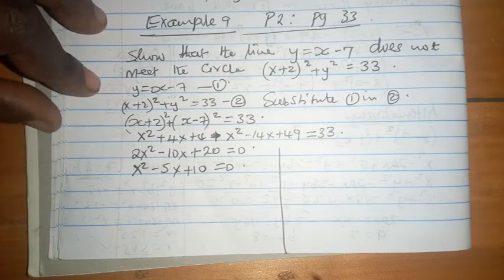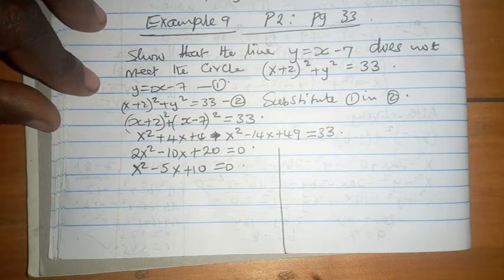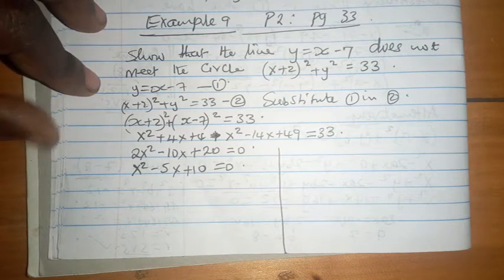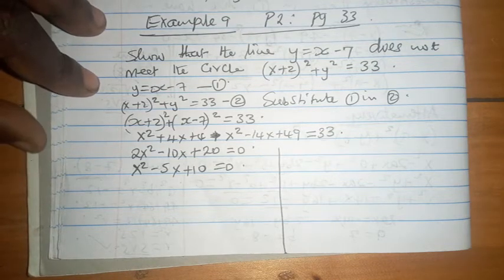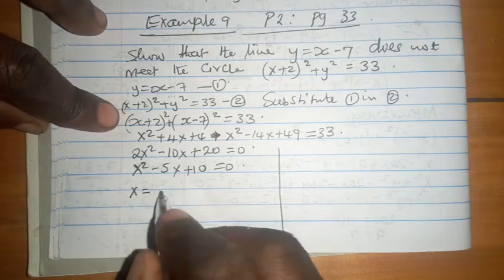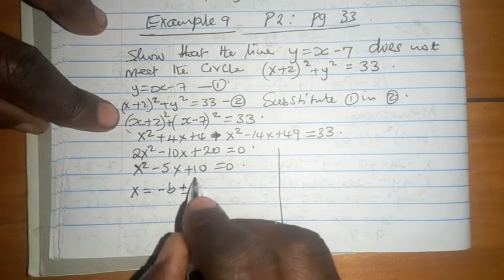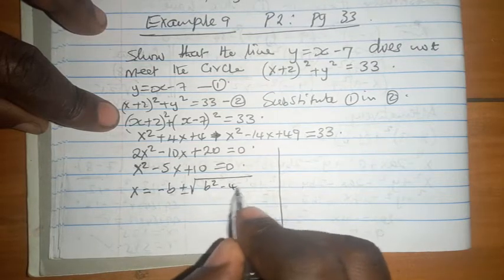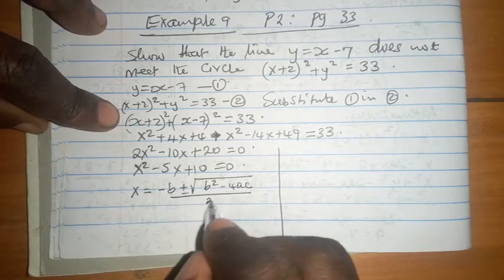This is the best approach to give this question, because if the line does not cut or does not meet the circle, then the discriminant is going to simply show that. So let's talk about x is equals to minus b plus minus the root of b squared minus 4ac, everything over 2a.